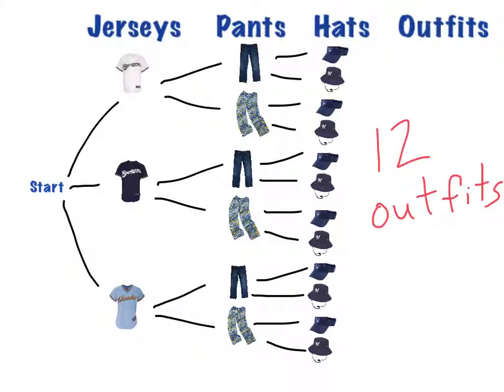And here is a tree diagram that would show all the possible outfits one could make with 3 jerseys, 2 different pairs of pants, and 2 hats. But does anybody see any problems with these counting trees, these tree diagrams? Anyone? See a problem at all?